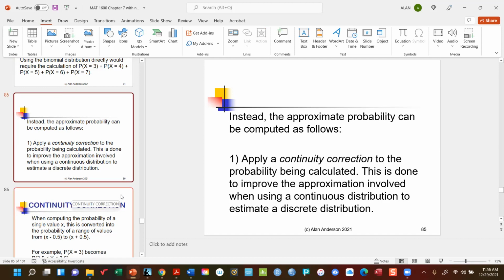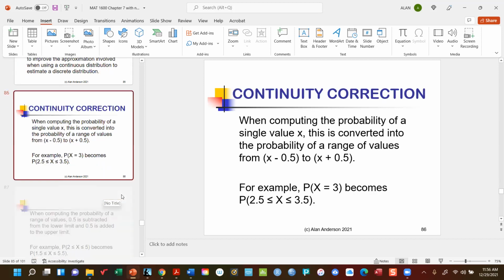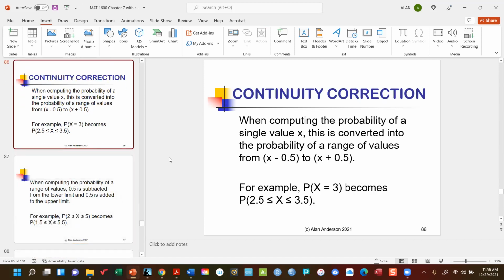So in order to improve the approximation, we're going to make two small changes. We're going to change the lower limit by subtracting a half from it, and we're going to change the upper limit by adding a half to it.